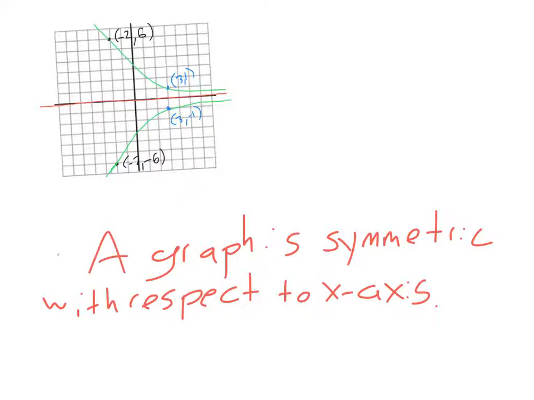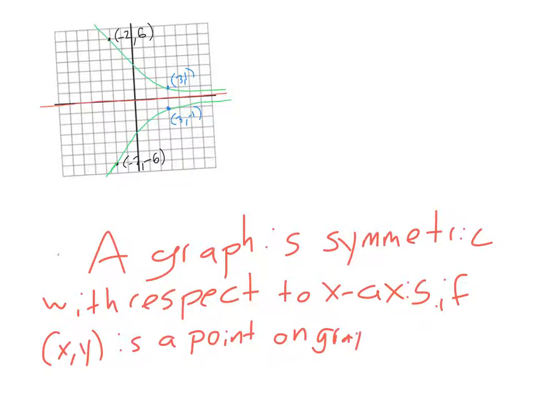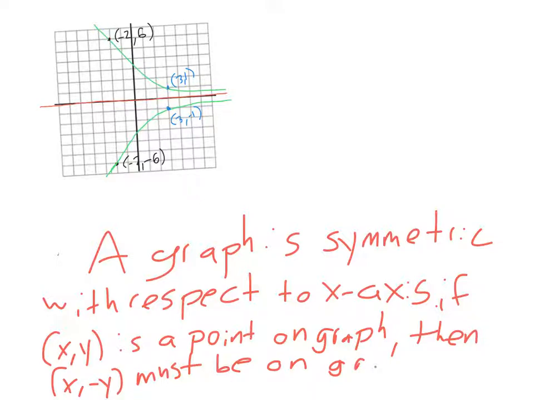A graph is symmetric with respect to the x-axis if x, y is a point, then x, -y must be on the graph.